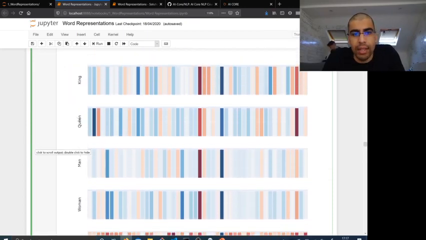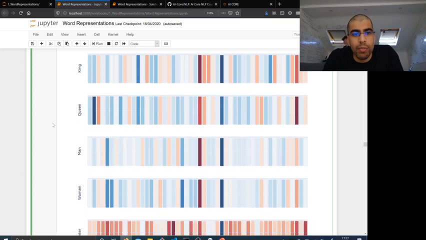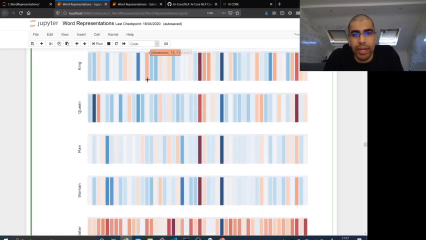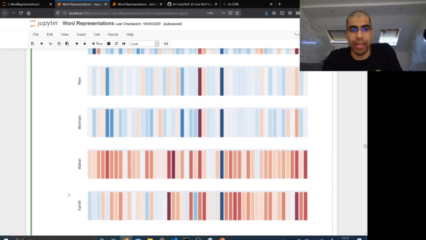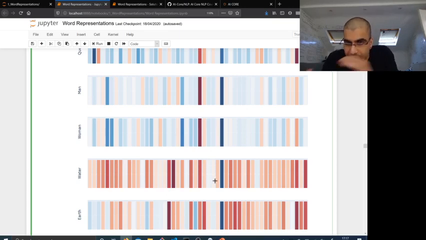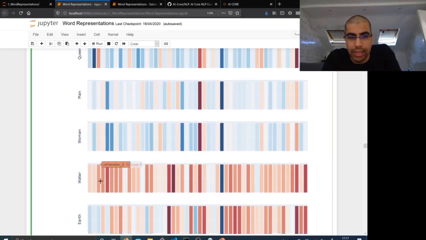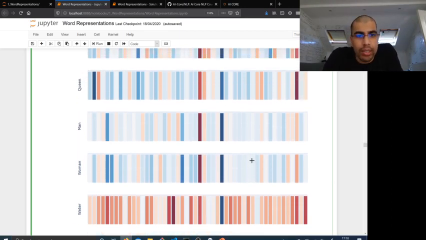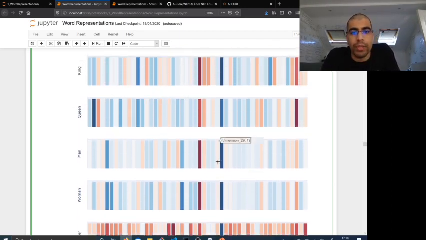We see a very nice visual similarity between king and queen and man and woman, and how much it differs from something like water and earth. Earth is kind of an abstract term. Water is kind of a very physical term, which these reds might be showing some sort of indication towards.